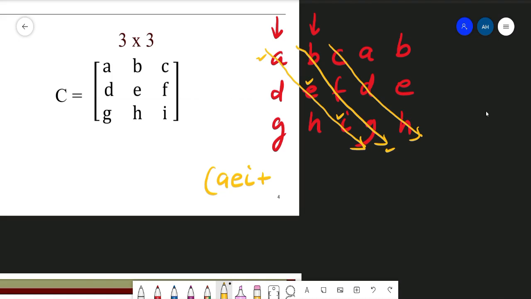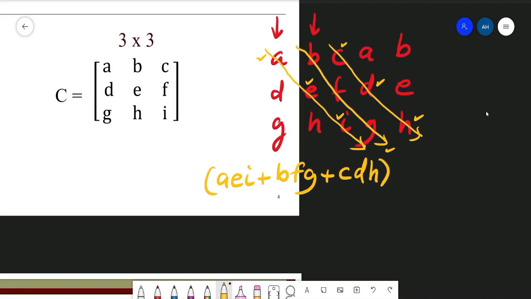So we have b multiplied by f, and then multiplied by g. After that, we have to multiply three more numbers: c, d, and h in the last arrow. So we have c multiplied by d multiplied by h. Add all these numbers together. Multiply, then add them up.